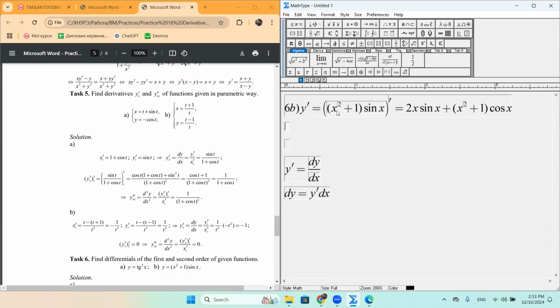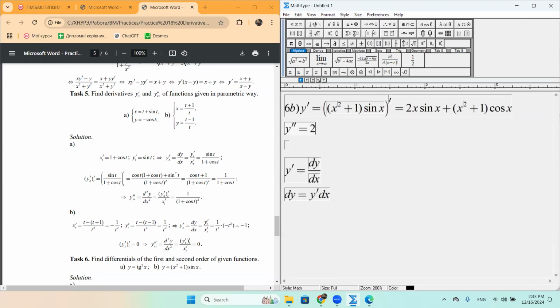Yeah, we cannot simplify it, unfortunately, because we have different coefficients before. So we have different degrees of multipliers before sine and cosine, so it won't be so simple. So we will just have to differentiate products.